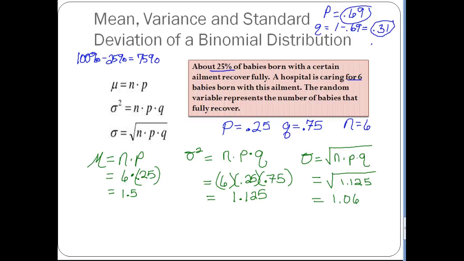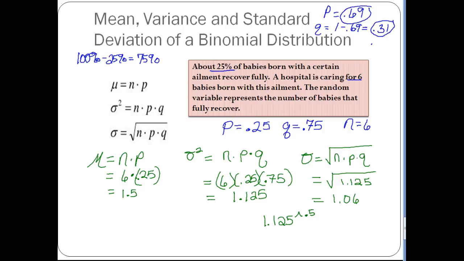Now, I'm going to show you a little trick. If you have 1.125 already in your calculator and you don't know how to use that square root key, you can also use your exponent key. You can go 1.125 raised, and that's your exponent key, to the 0.5. The exponent of 1/2 is the same thing as taking a square root.